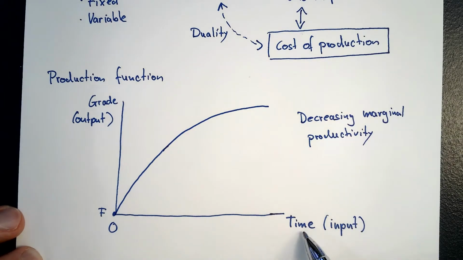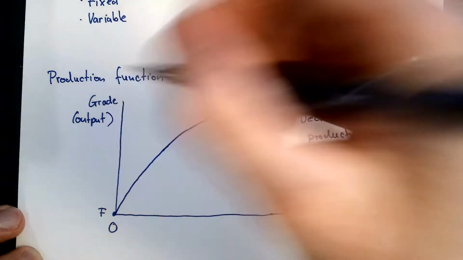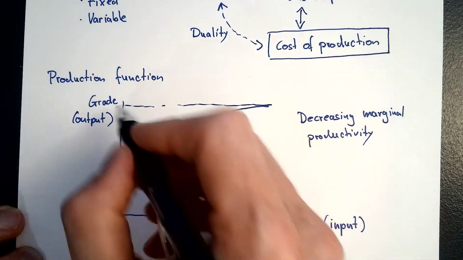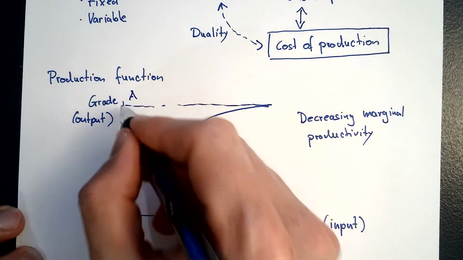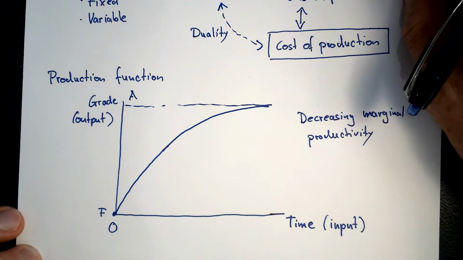The more time you spend, depending on your ability, you may be able to get to the grade of A. But it's going to be usually more and more difficult. So this is one example.